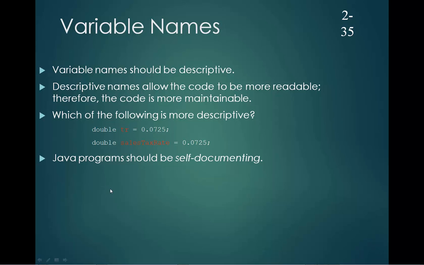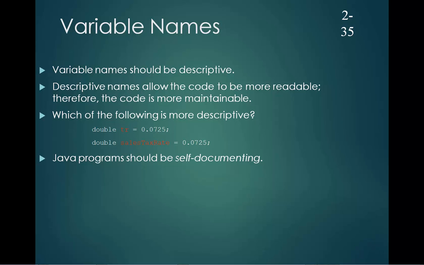So when you're thinking up variable names for your own programs, try to come up with a name that really describes what that variable is going to be used for. Okay. Even though we have comments in our code, Java programs should be written in order to document themselves.